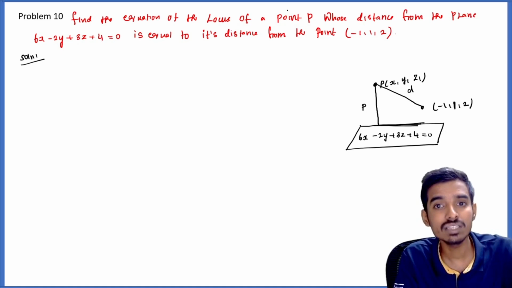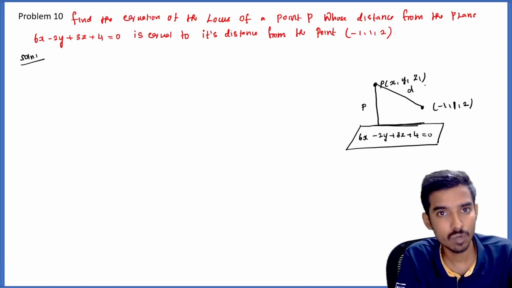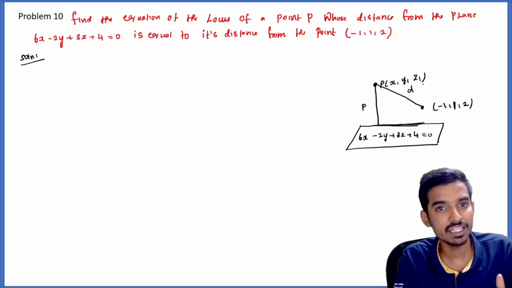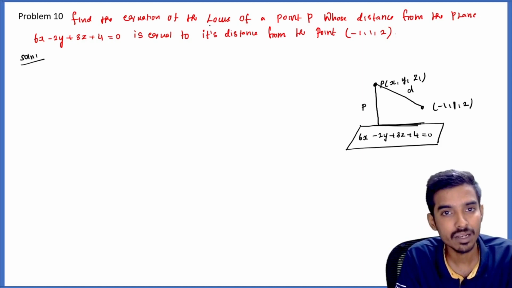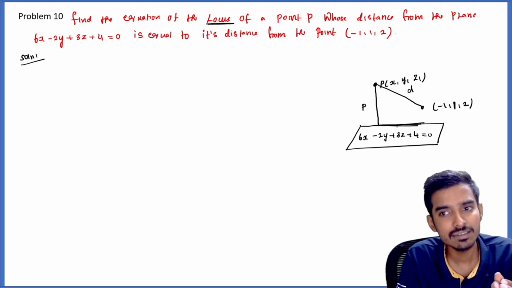We need to find the locus of a point P. That is, there can be infinitely many points x1, y1, z1, but you tell me the equation that all those points will satisfy. That is called locus, right? When I say locus, it means there are infinitely many x1, y1, z1 that satisfy this condition.